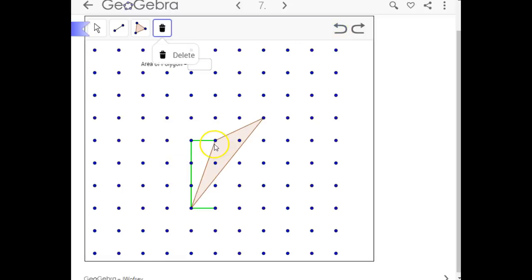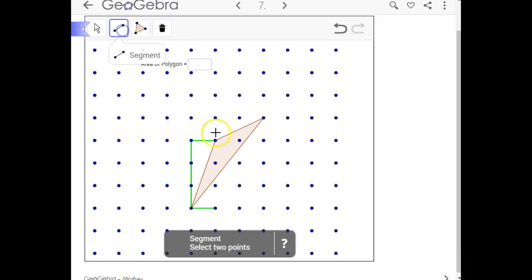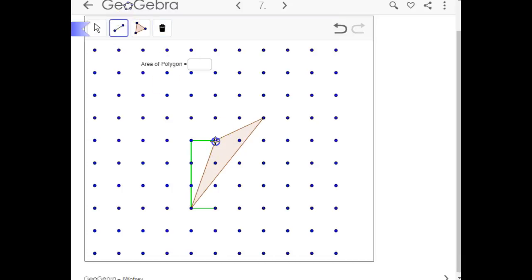Okay. So I can take away half. That still doesn't give me it. What if I did?